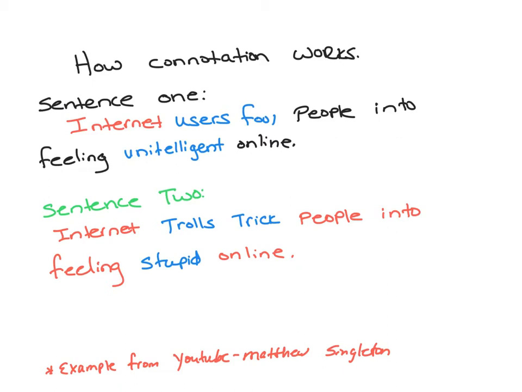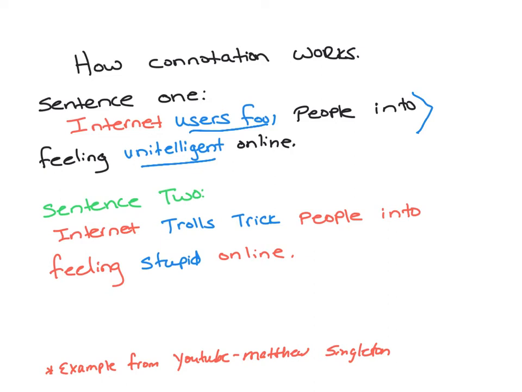But when we look at this one, users fool people into feeling unintelligent. Okay, you're like, okay, users, that's people who use the internet, fool, okay, unintelligent. So it's not really insulting.